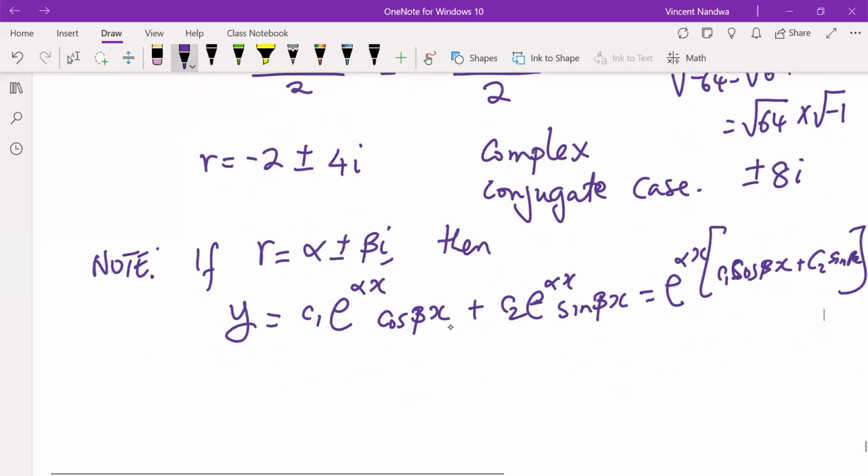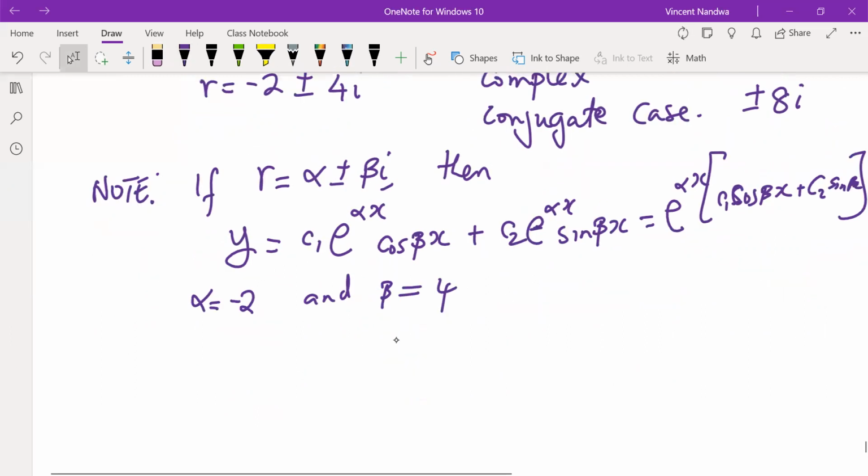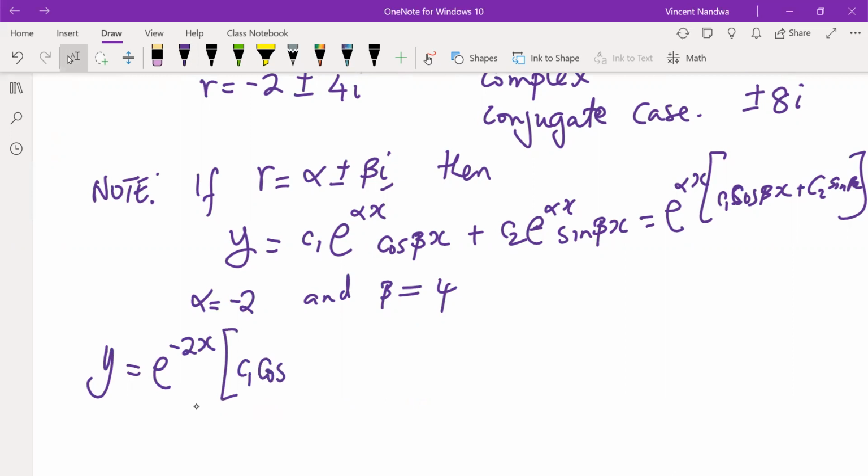So in our case, alpha is minus 2 and beta is 4. So y will be given by e raised power minus 2x into c1 cosine of 4x plus c2 sine of 4x. This is a general solution.